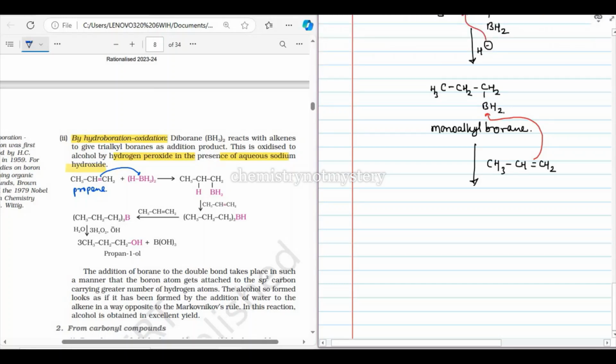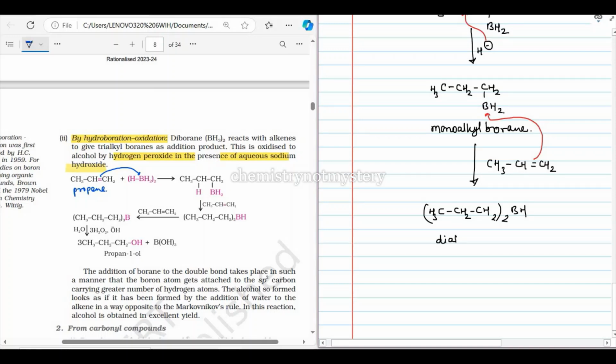So boron will get attached to the first carbon, and hydrogen, which is released in the form of H negative ion, will get attached to the second carbon. So here again you will get the structure CH3 single bond CH2 single bond CH2 whole twice, and it is bonded to BH. Now this is the dialkyl borane.